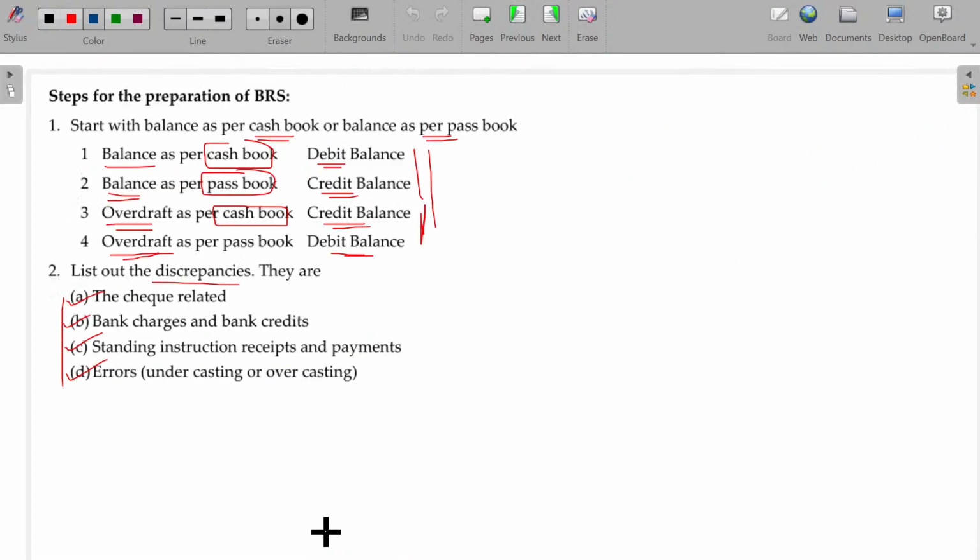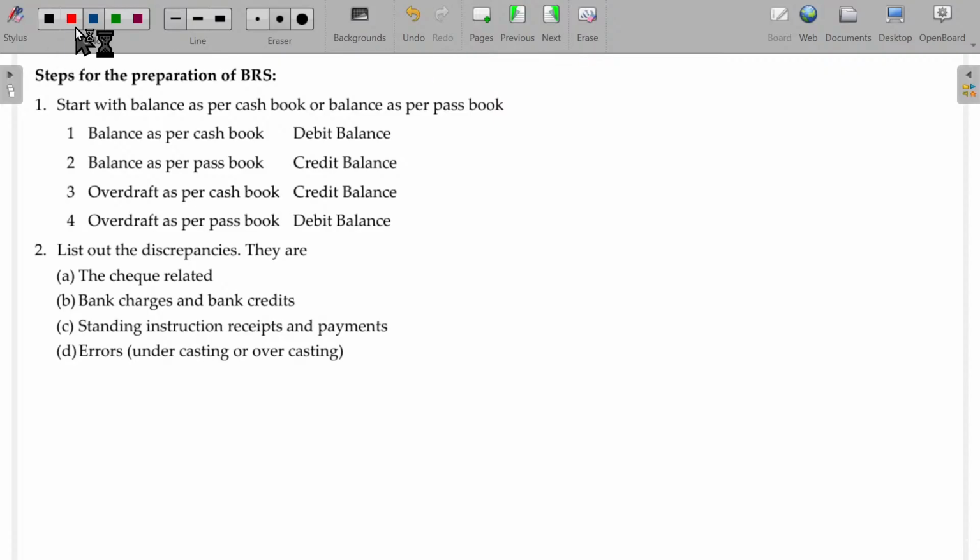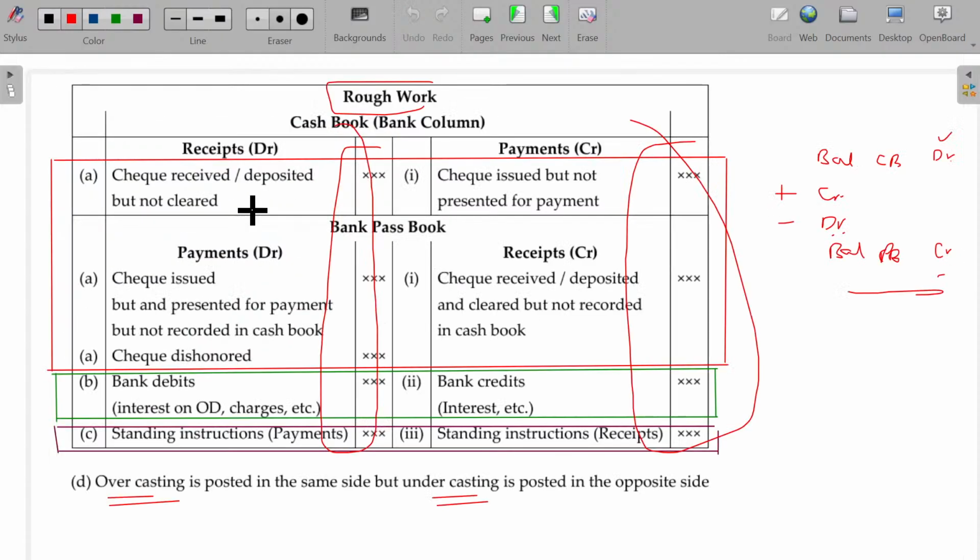Overdraft as per the cash book is credit; overdraft as per the passbook is debit balance. In this case, we have these two scenarios: balance as per cash book, overdraft as per passbook. So starting also debit balance and ending also debit balance. Is that clear? Favorable in our cash book and overdraft in passbook.